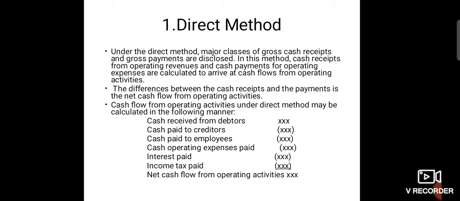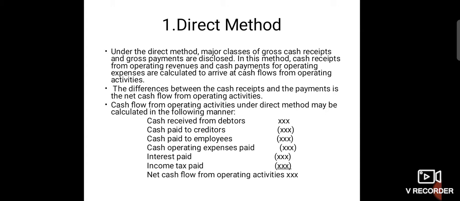Okay, all these are directly related to operations. This interest is not the financing interest or debenture interest. It will be any other interest relating to the operating activities. So all those incomes and expenses which are directly related with the business, like purchase and sale, all will come under cash flow from operating activities.